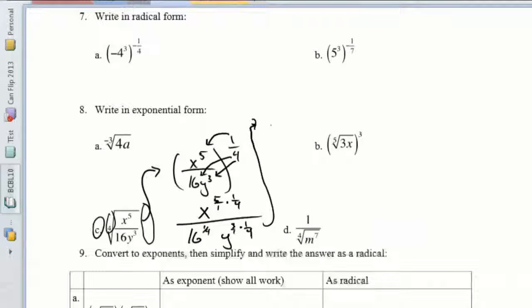So on the top I get x to the power of 5 over 4, multiplying my fractions through. 16 to the 1 over 4 is just going to be 2. It's the 4th root of 16, which is 2 times 2 is 4, times 2 is 8, times 2 is 16. So that simplifies. And then y to the 3 over 4.